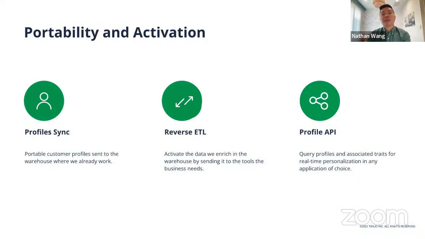But as mentioned, these portability and activation features really reduce that friction, open up possibilities, and in turn incentivize the cultivation of this single source of truth, golden customer profile in Segment. And remember, I mentioned that we sent offline information back into our app platforms. We use our reverse ETL solution to power that, and that's what helped us shorten the entire loop from 3 to 4 weeks into a matter of hours.